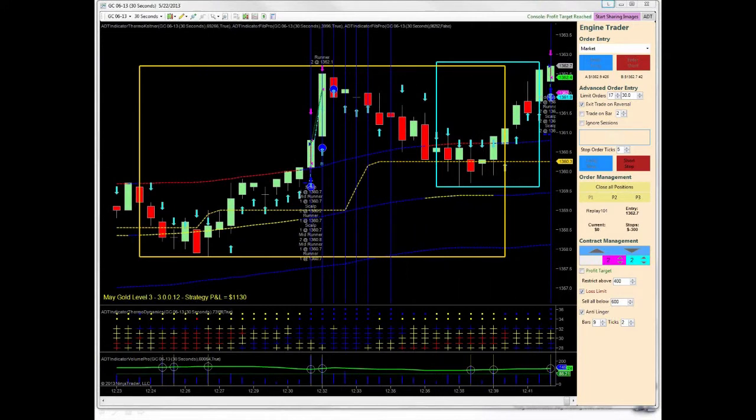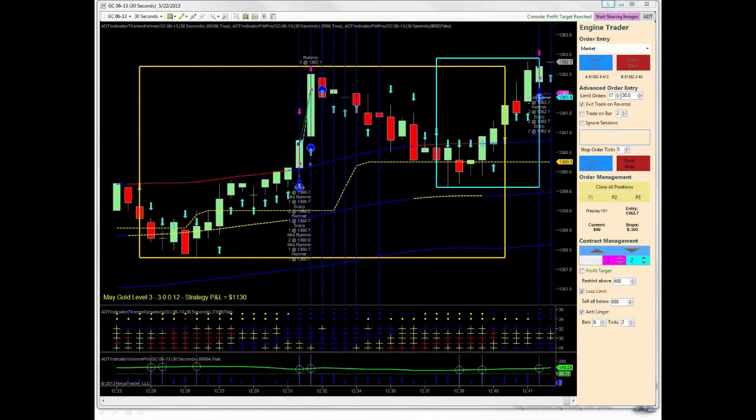Okay, so here again, we're in a trade. It's a long trade. And you can see we still have two positions, each of two contracts, open. On the right side again, the 1361.9 represents the trailing stop for the third position. The magenta 1362.0 represents the trailing stop for the second position.